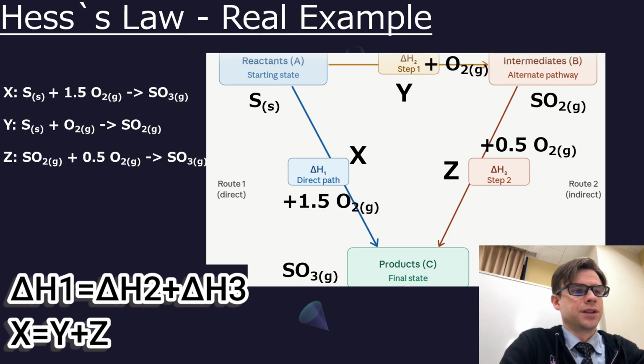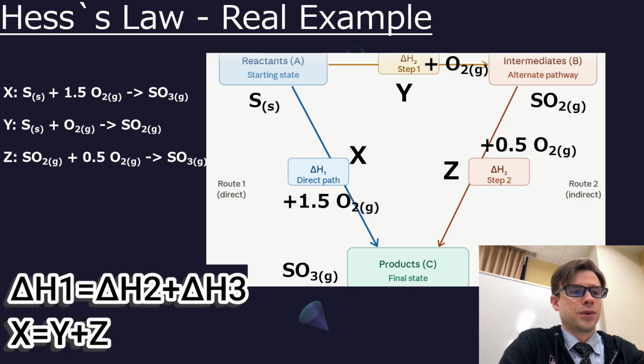So here's a maybe real example with sulfur and sulfur oxides. So if the product we'll be forming is SO3, sulfur trioxide gas, you could immediately just combust some sulfur and add 1.5 mole of O2 gas to 1 mole of sulfur and go right to the products. But oftentimes this is done in 2 steps.